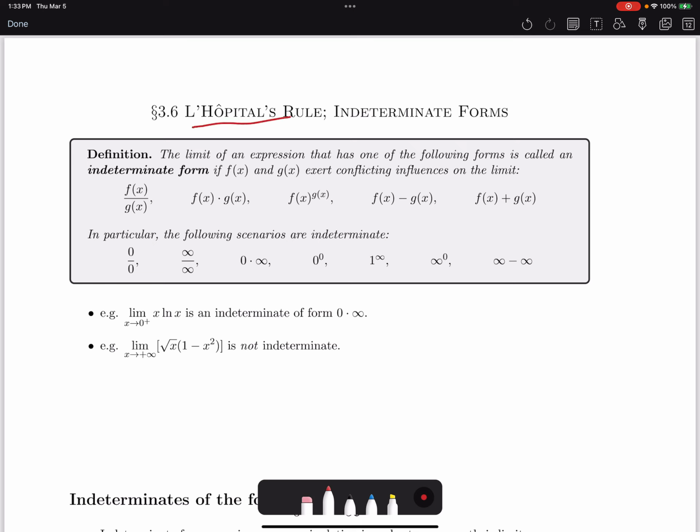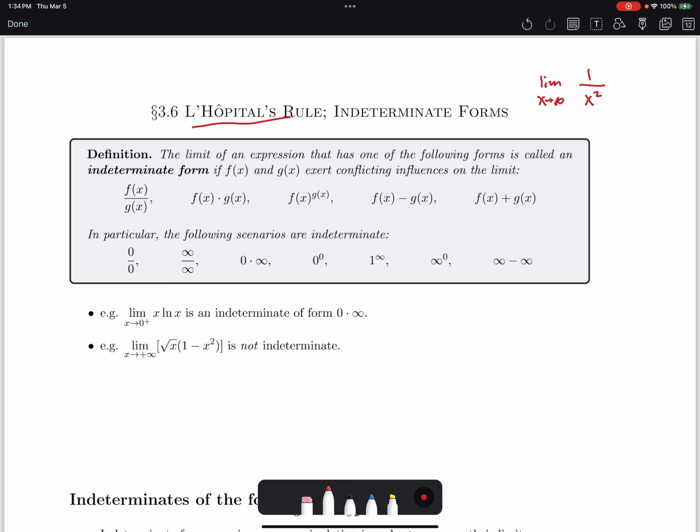So just to get the conversation started, let's consider a limit like the limit as x approaches infinity of 1 over x squared. Something like this would not be indeterminate, right?